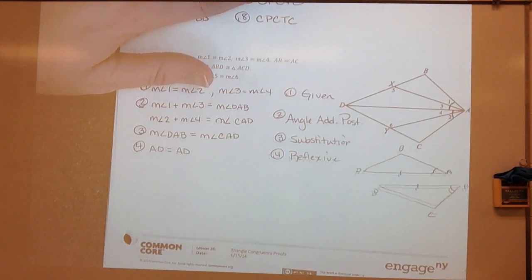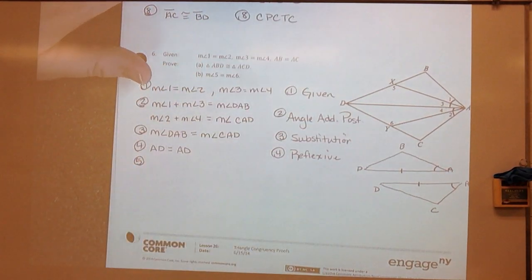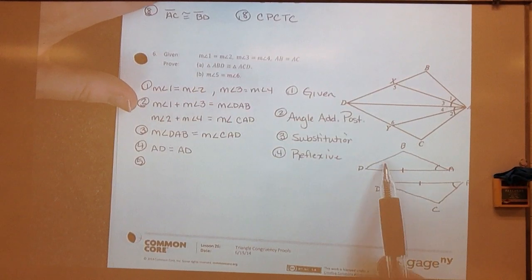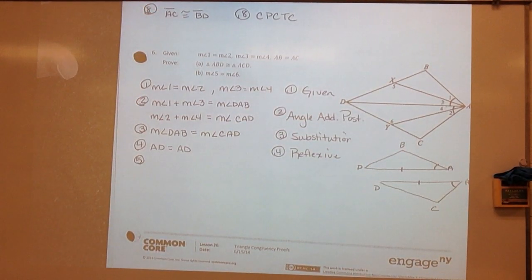So I'm closer to proving my two triangles congruent. Can I prove my two triangles congruent just yet? Well, look, I share an angle here. We share angle D. But can I prove that congruent? No.